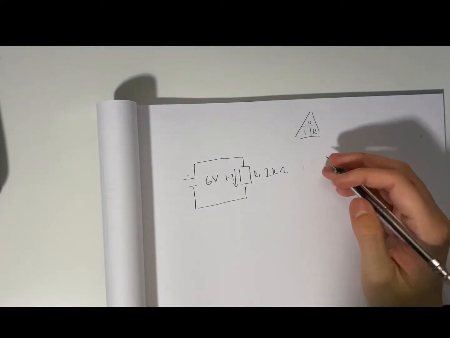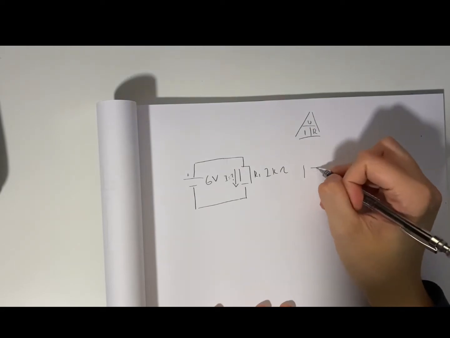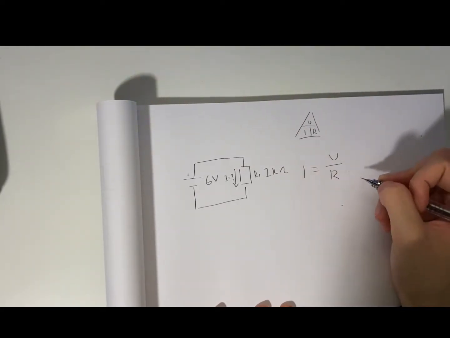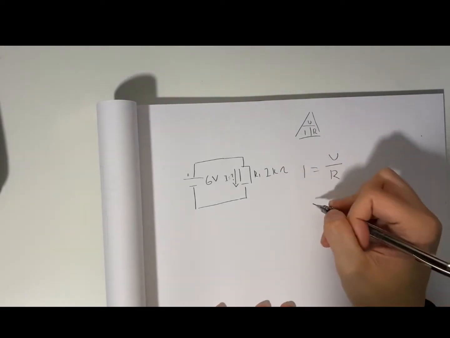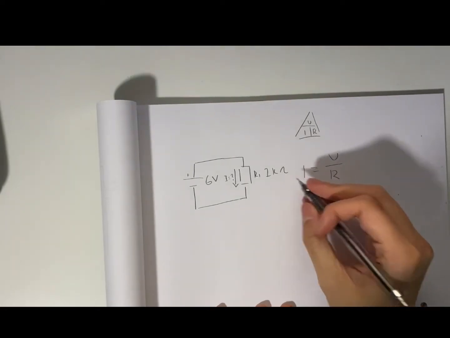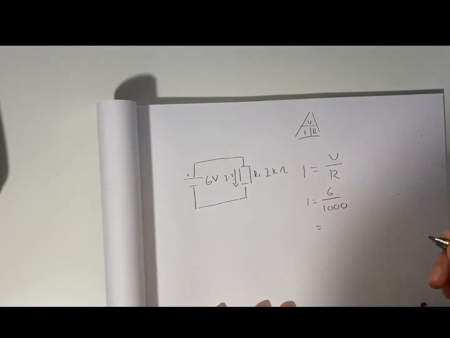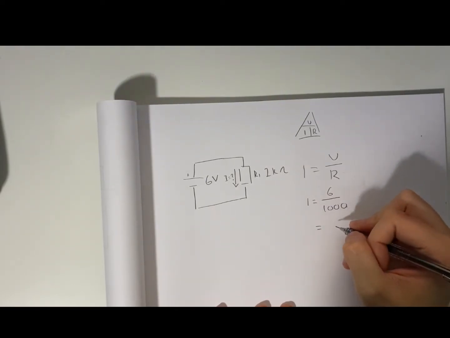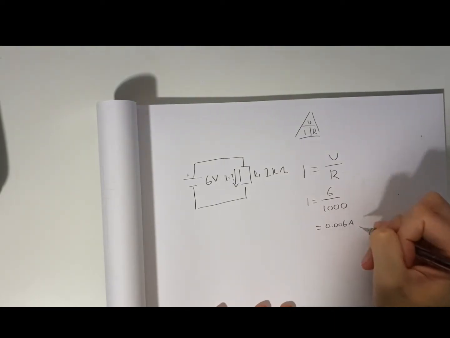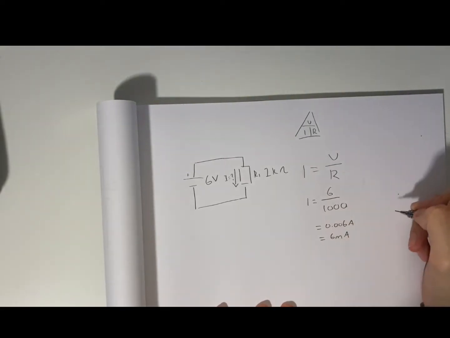We can find the current: I equals V over R. We have our voltage, we have our resistance, so we substitute the numbers in. 1K, that's 1000 ohms. If we put that into our calculator, we arrive at 0.06 amps, or 6 milliamps. Easy.